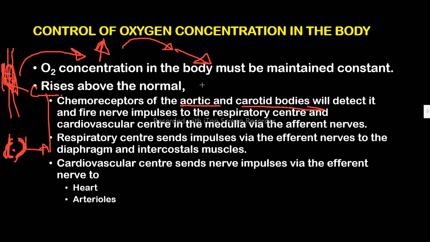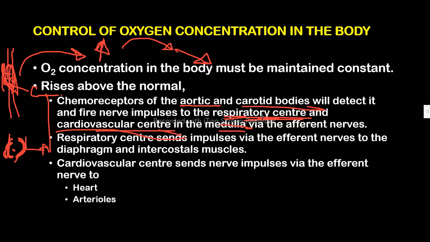Okay? Similarly, even when oxygen is high, when the levels rise above normal, the chemoreceptors in the carotid and aortic bodies will detect and fire nerve impulses to the respiratory center and the cardiovascular center. These two centers are in the medulla oblongata.